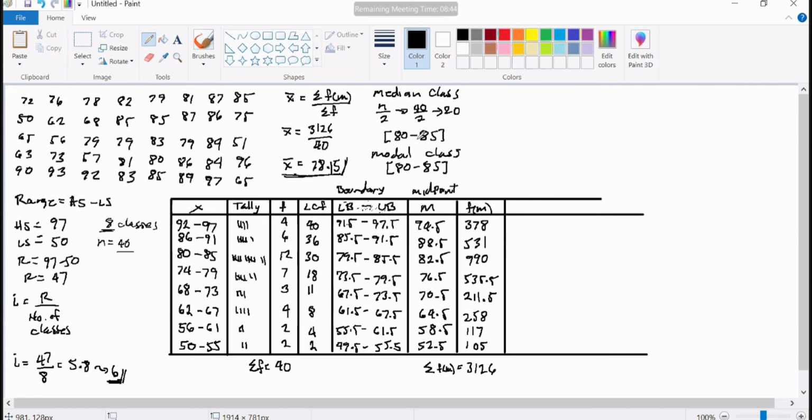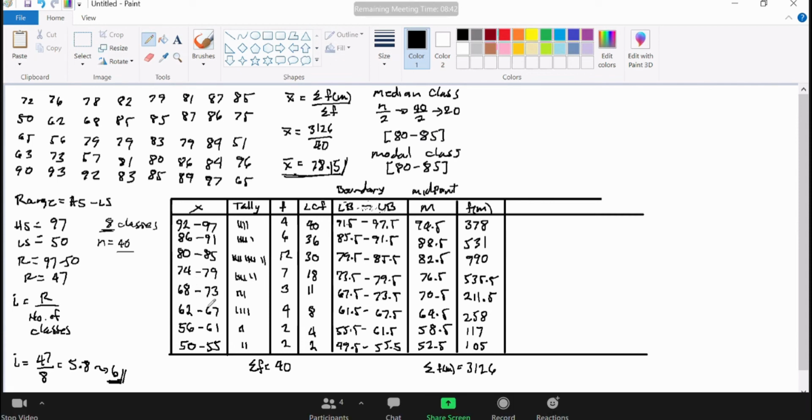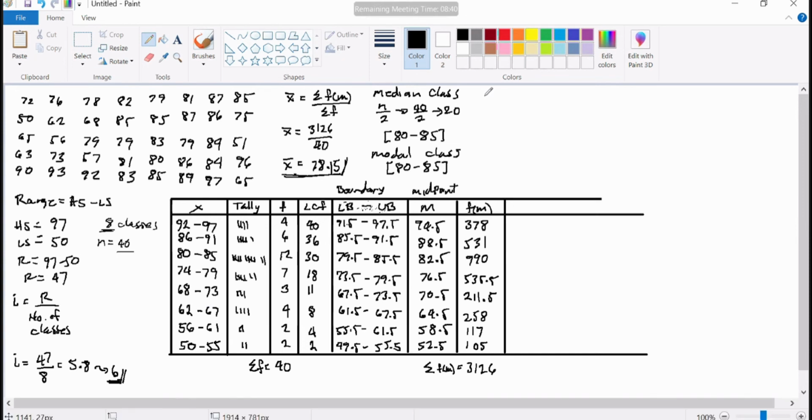Since this is grouped data with the interval, what we can present is our estimated median or mode. For estimated median, we have a formula. We can get this two ways: either through the formula or through interpolation, or ratio and proportion.